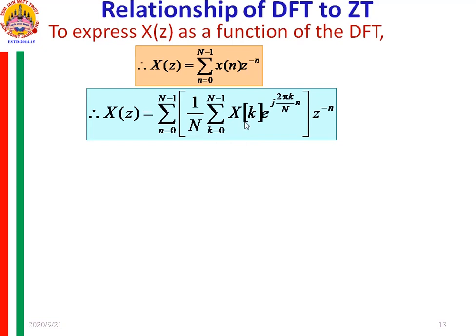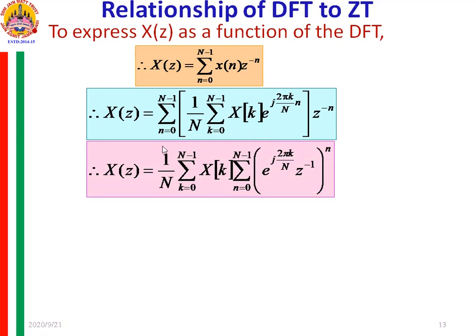This X(k) is a variable of k, and e raised to j 2 pi kn and z raised to minus n are variables in n. So what we do is we exchange the order of this summation. As this X(k) is not varying with respect to n, we interchange the order of the summation.